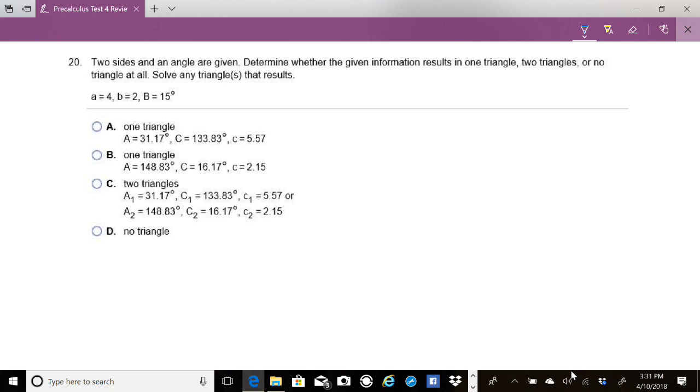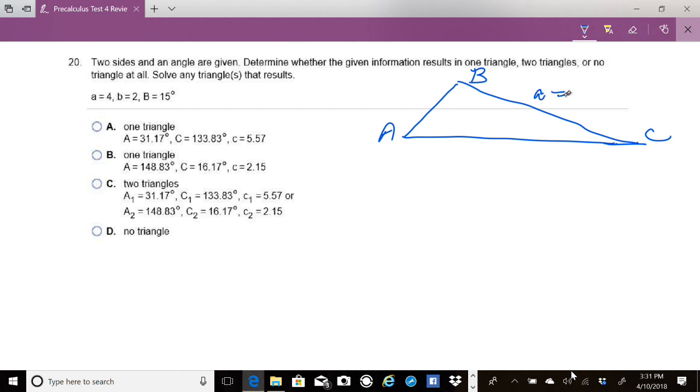So here we're going to draw out this triangle, A, B, C. A is 4, B is 2, and angle B is 15 degrees.